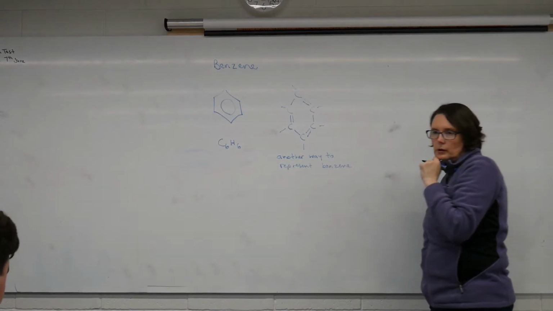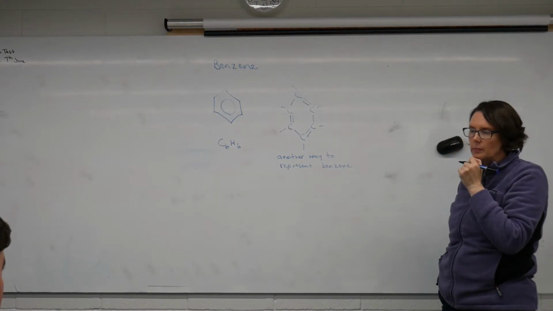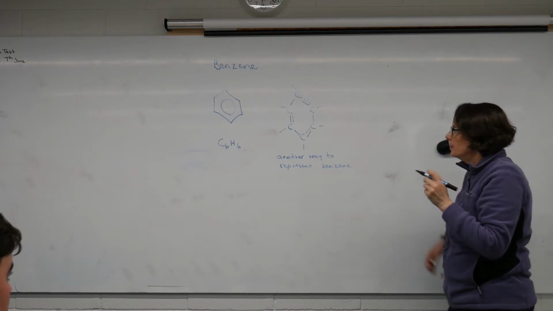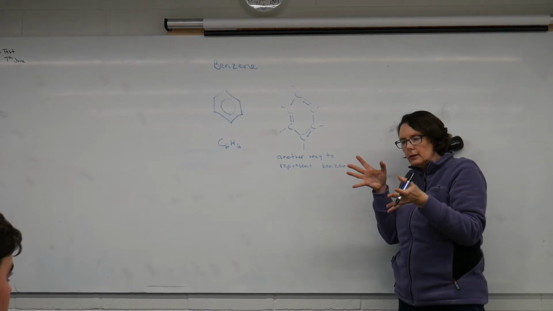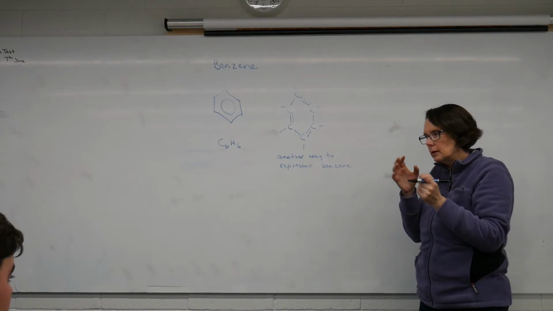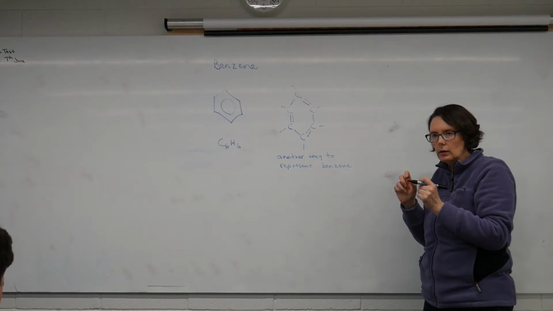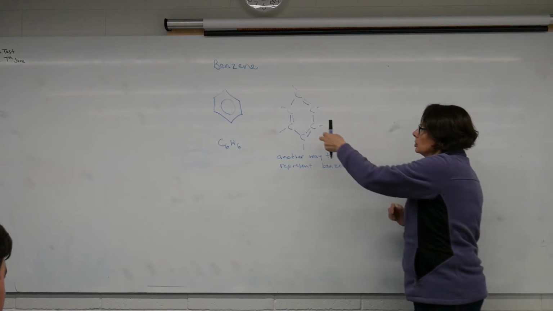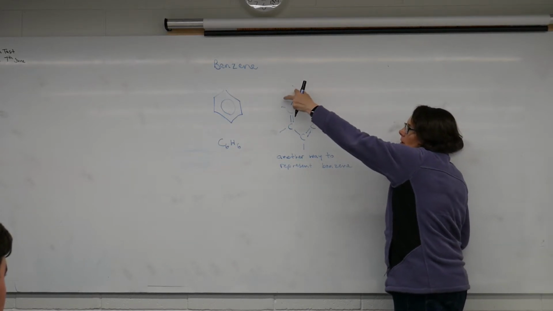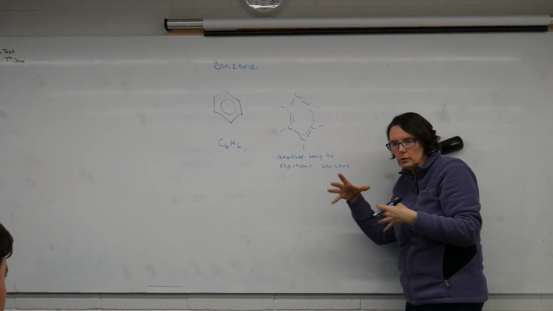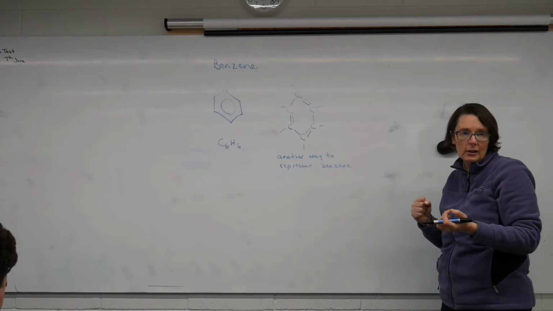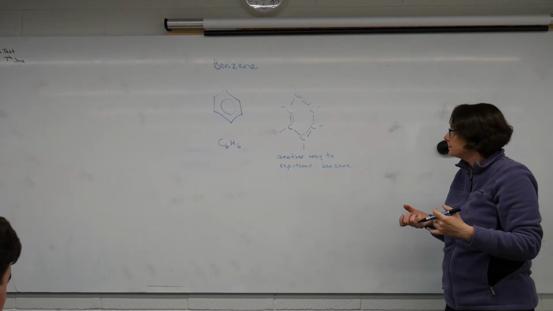But this is not a very good way of representing it because, for one thing, it's inaccurate. The bond length of a double bond is shorter than the bond length of a single bond. And so this would then be shorter and longer and shorter and longer and shorter and longer. And so it wouldn't have that same symmetry as it has in reality.